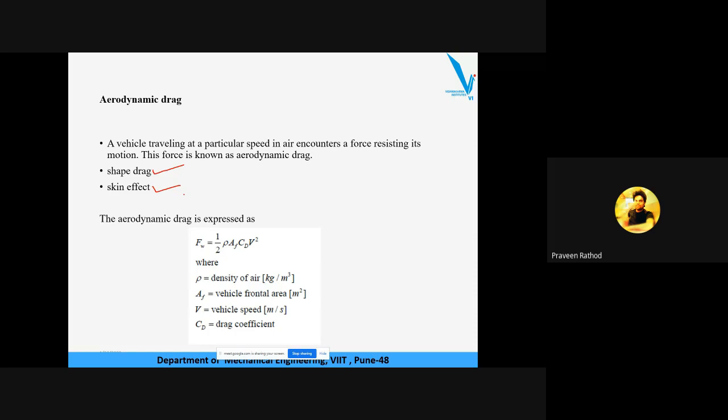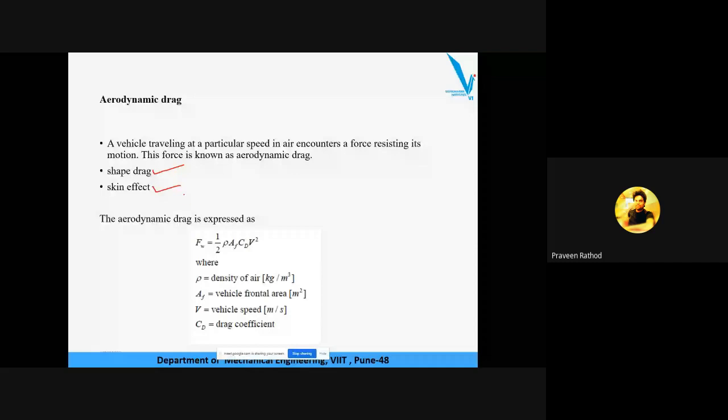Between the two layers we have over here, the air layer moving at the vehicle speed, and the other is the static layer. Air layer is the normal air, and the static layer comes on the skin of the vehicle.